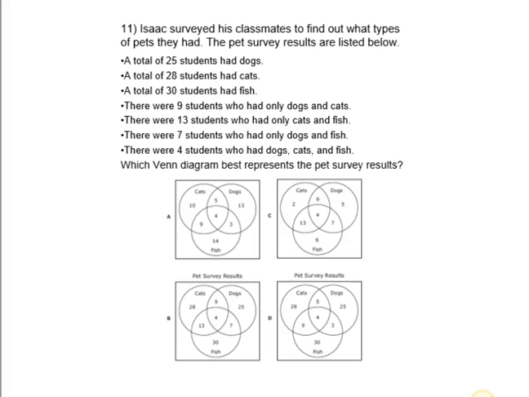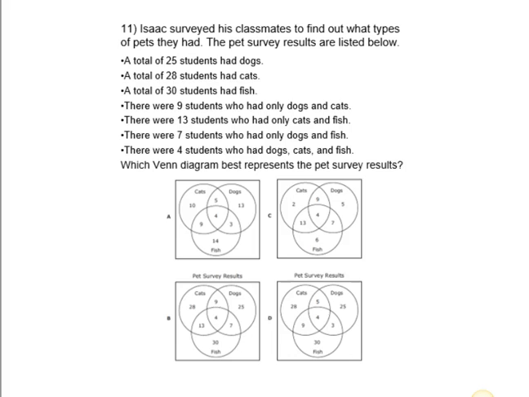Isaac surveyed his classmates to find out what types of pets they had. The pet survey results are listed below. A total of 25 students had dogs. A total of 28 students had cats. A total of 30 students had fish. There were 9 students who had only dogs and cats.